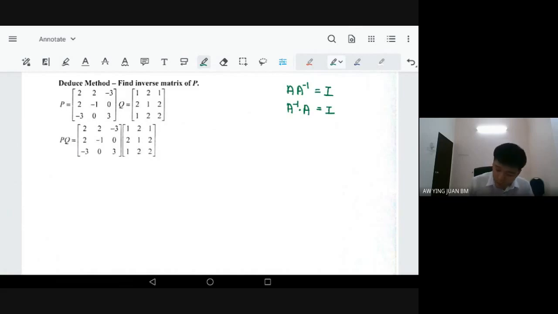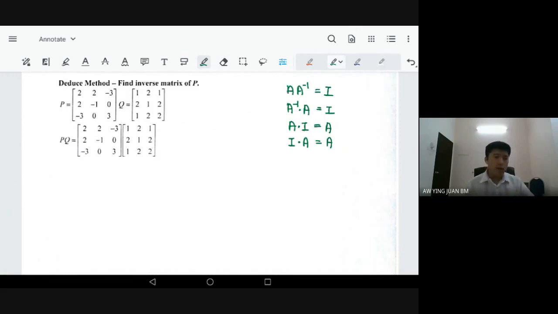Number 3, matrix A multiplied with the identity matrix, we will obtain A. Finally, the identity matrix multiplied with any matrix A, we will obtain the matrix A. So these are the basic properties that we need to memorize or understand.